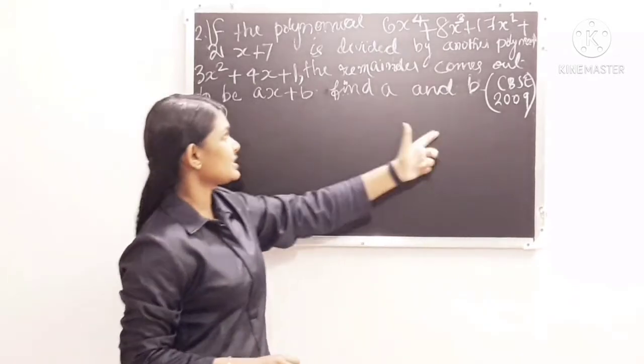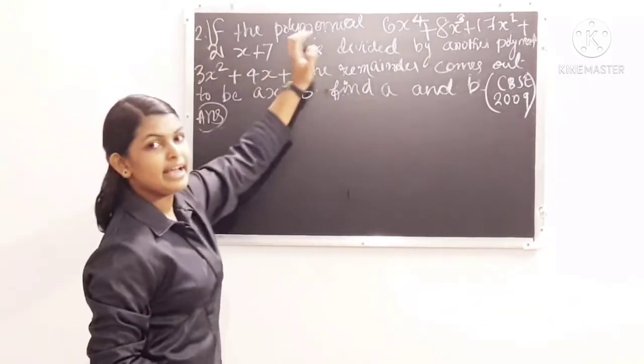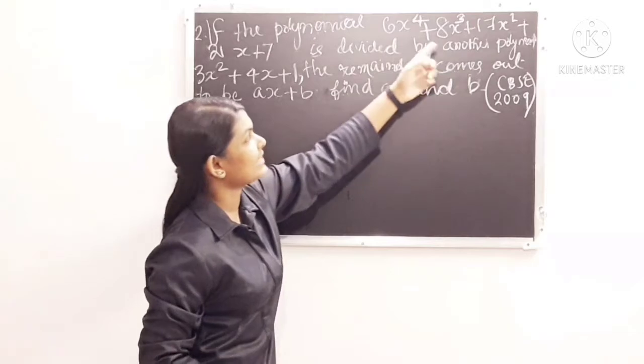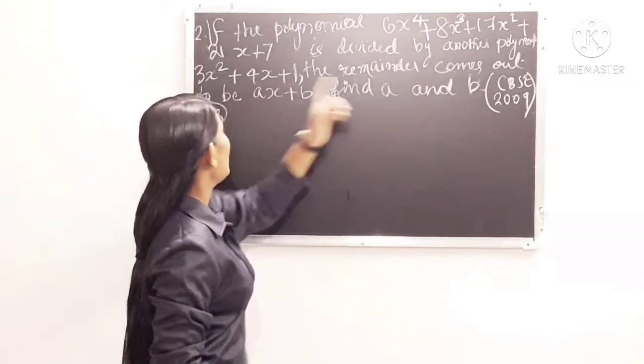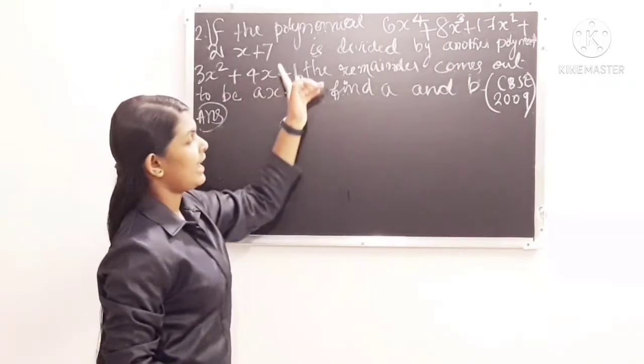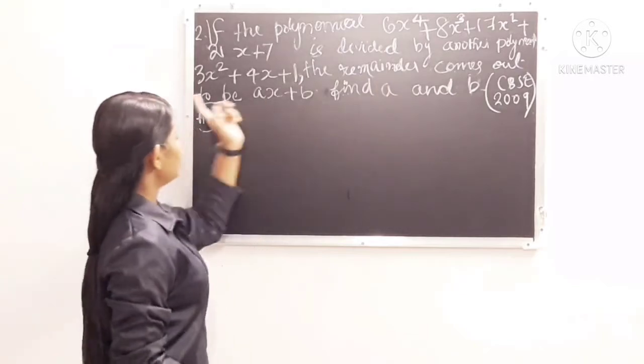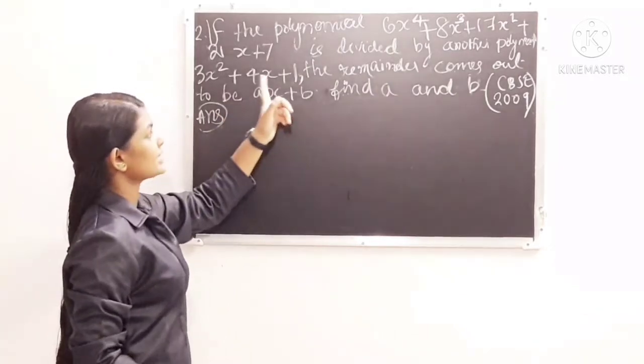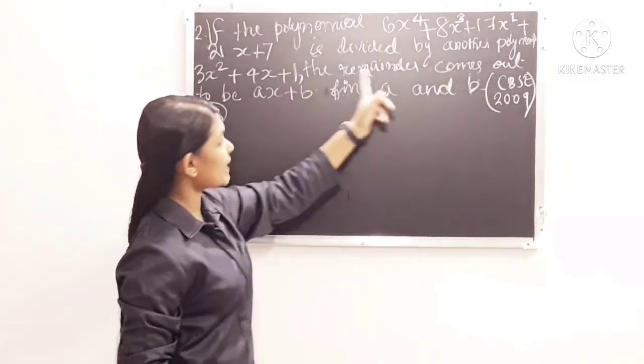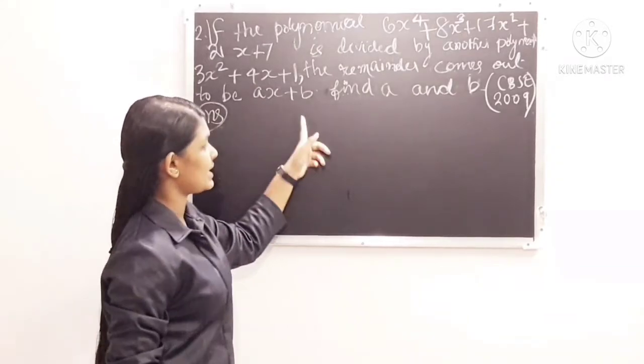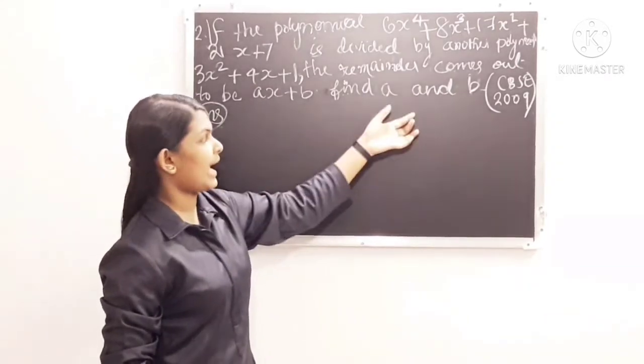Okay, this is our next question, and this is a question which was asked in the year 2009. The question says that if the polynomial 6x raised to 4 plus 8x cubed plus 17x squared plus 21x plus 7 is divided by another polynomial 3x squared plus 4x plus 1, the remainder comes out to be ax plus b. We have to find the value of a and b.